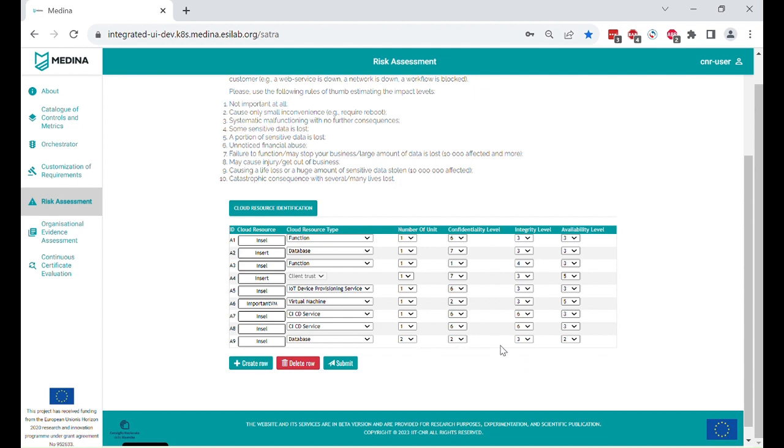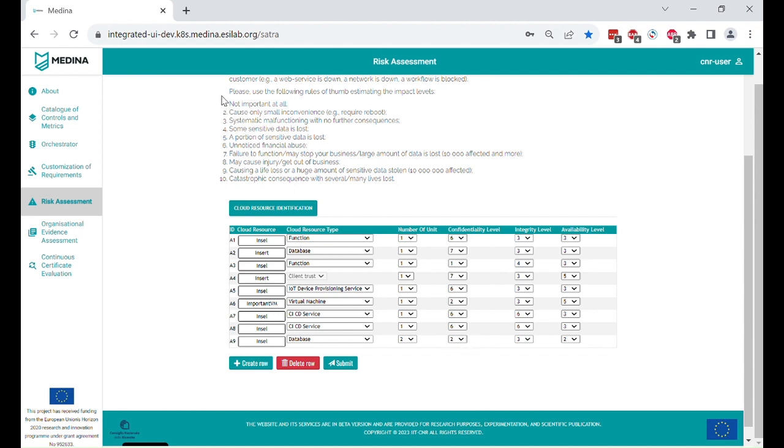Then two values, confidentiality, integrity, and availability, the level of loss that is expected in case the database is compromised, are provided.